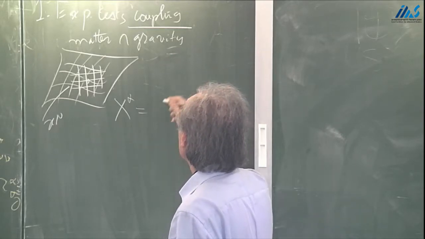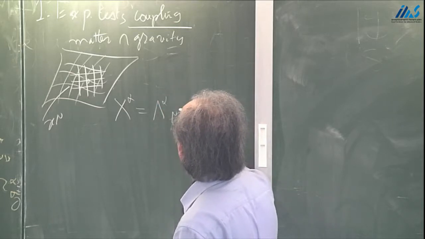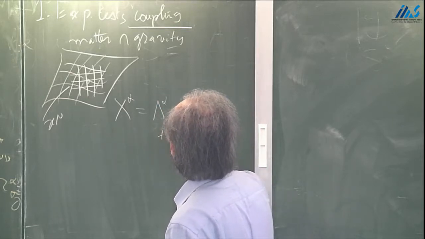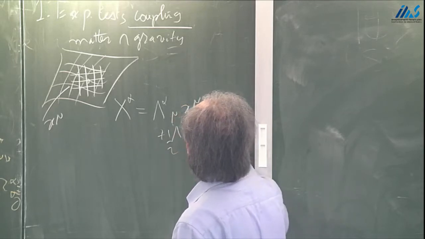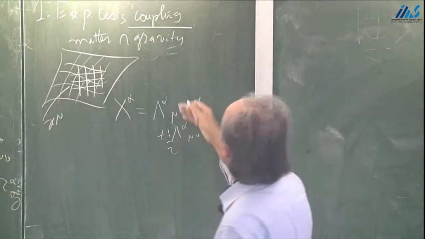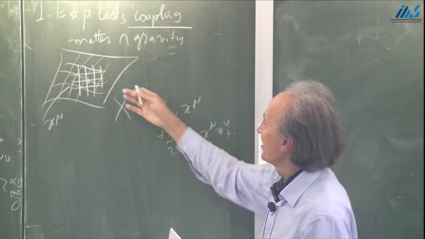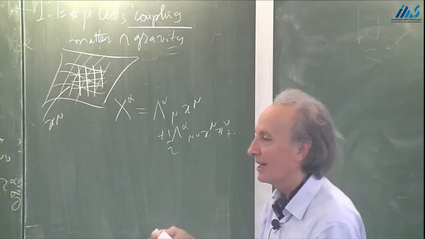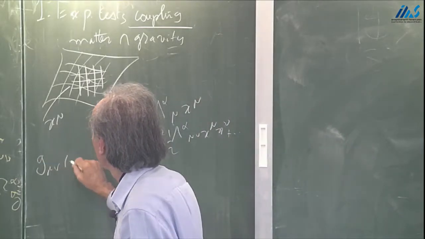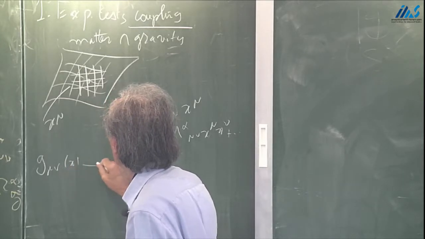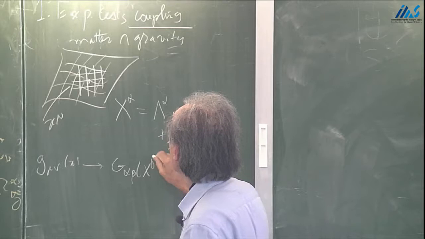which is obtained by an expansion. So I can put a constant which is not important, and then I can put a matrix first order, then something second order, alpha mu nu, x nu, plus higher order. And then I can look for all the possible Taylor expansion of a coordinate transformation to simplify as much as possible the curved metric, g mu nu of x. After transformation, it becomes some metric g alpha beta in the coordinates x gamma.